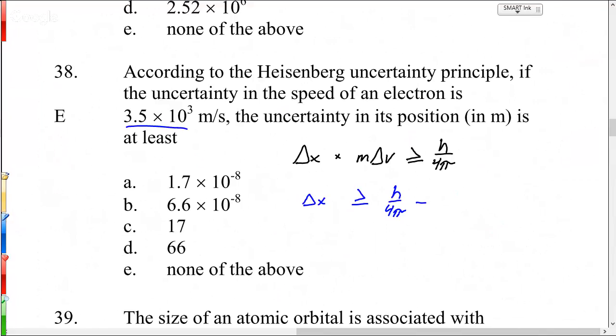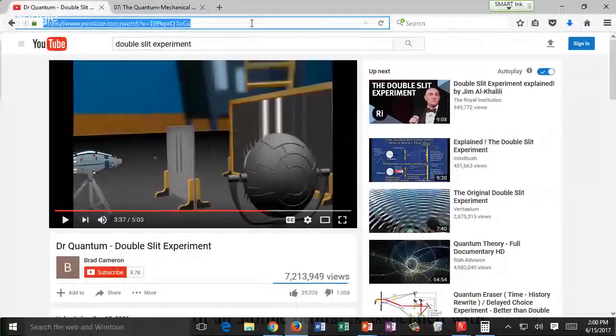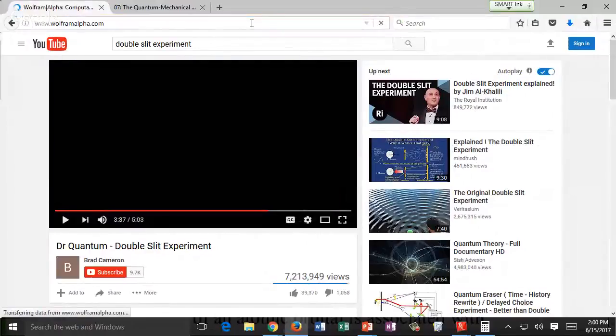And we'd have to look up the mass of an electron again, times that uncertainty in velocity. I'm going to need a little more math power to do this one, I think.